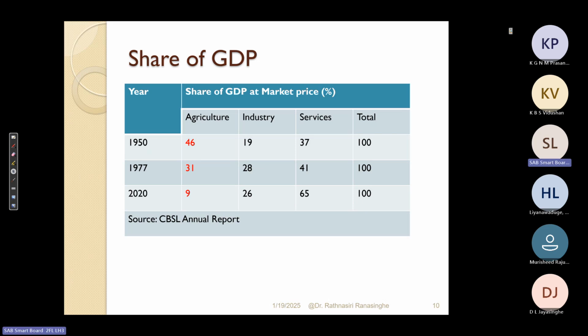Therefore, we need to think about the agriculture sector, because there is real value addition coming from that area. In industry and construction, even though we export, the real value addition is less because we are importing so much.